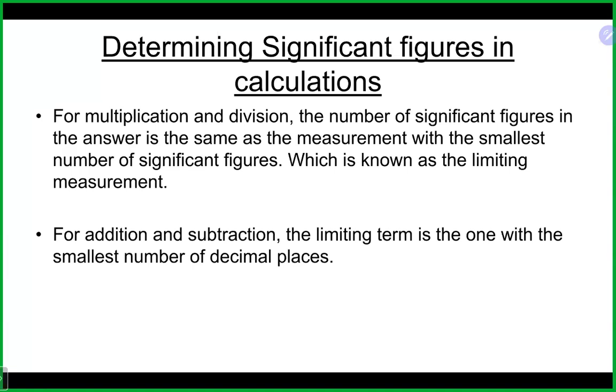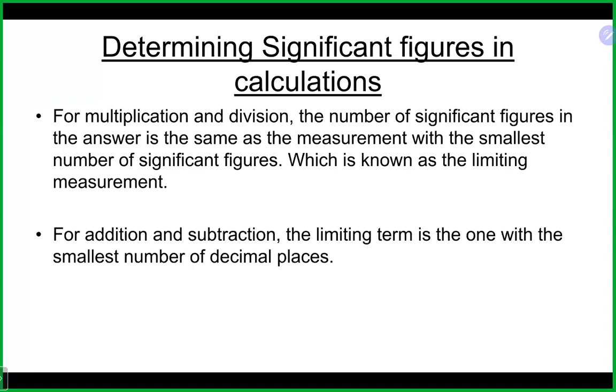So when we do calculations, we want to look at the 2 main types of calculations that we do. We oftentimes will either multiply and divide, or we will add and subtract. So multiplying and dividing, or adding and subtracting.